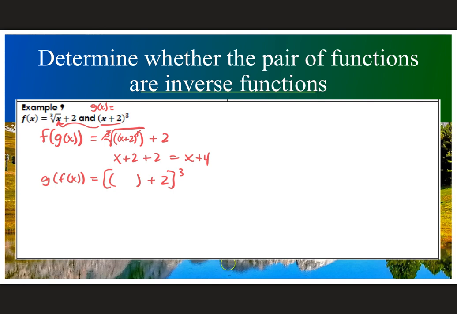So I'm going to put the cube root of x plus 2. Right? So automatically I can see again that I have a plus 2 and a plus 2. So I'm going to end up with something plus 4, even if I don't want to figure out what that is. So we're going to say no, they're not inverses.